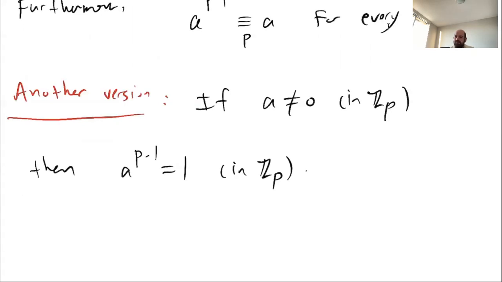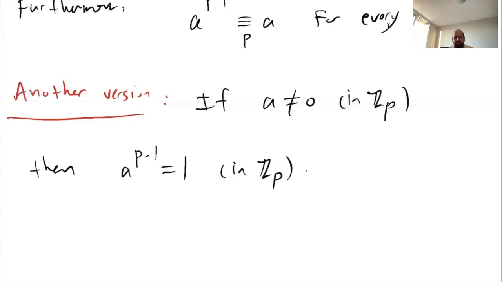See, this is, I think, nicer, right? If a number is not 0, so when I change my universe to ZP, which means the set consisting 0, 1 to P minus 1, then any number to power P minus 1 is equal to 1. Well, of course, 0 to power P minus 1 remains 0.